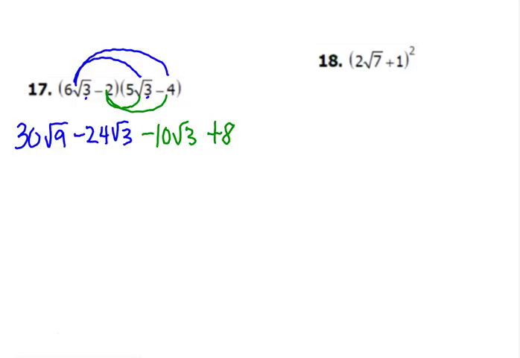Now let's see what we can reduce here. I have 30, but what is the square root of 9? Well, we know that's a 3. Now I can add together my like terms right here. So what's negative 24 minus 10?